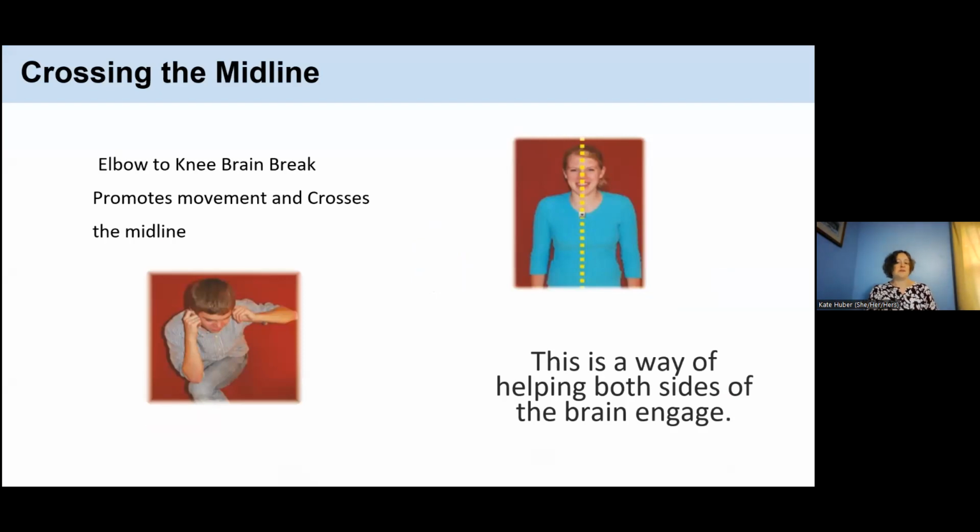So that could be something as simple as just twisting back and forth because we're crossing the midline. You can do this in your chair, right? So if you have students that have mobility issues, maybe they're in a wheelchair or they've sprained their ankle, they can still do this type of activity in their seat. You can also have students stand up, but really wanting to make sure that we cross that midline.